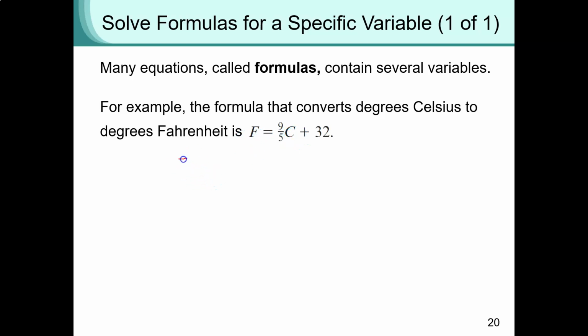So if you are looking for Fahrenheit, you are looking for F, we know that F is equal to 9/5 C plus 32. If you are looking for the C, we need to move the equation a little bit in order to solve for the C.